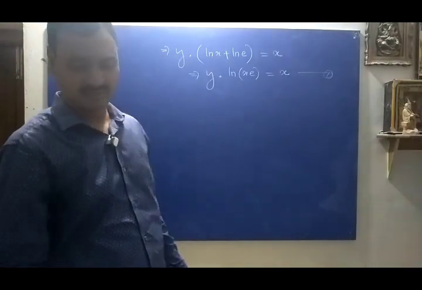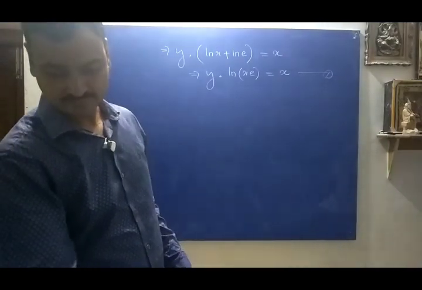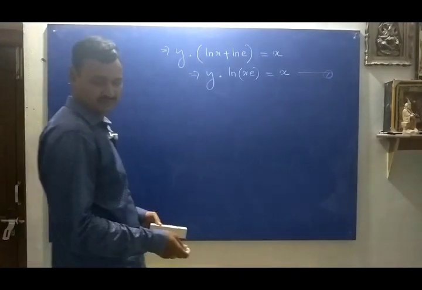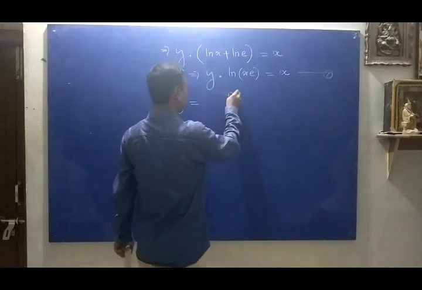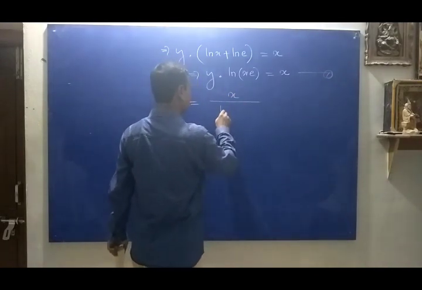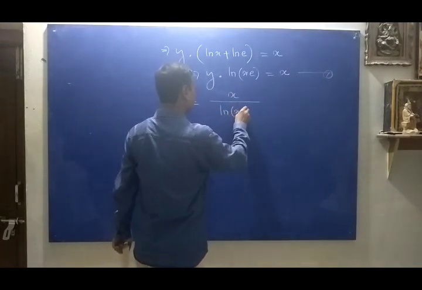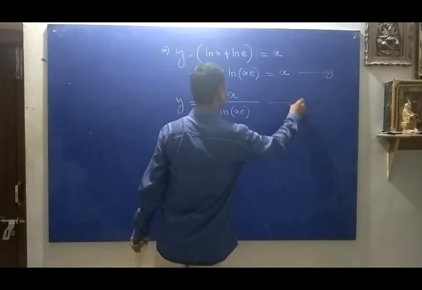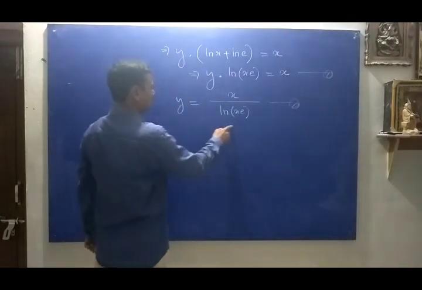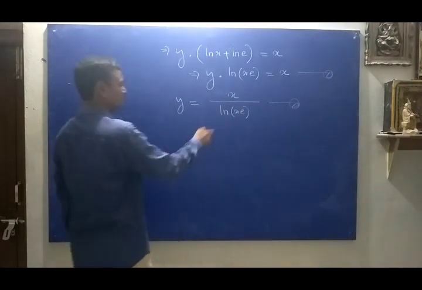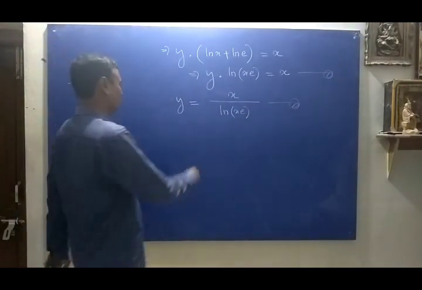So y into ln of ex is equal to x, so that y is equal to x by ln of ex. So y is equal to a function of x.